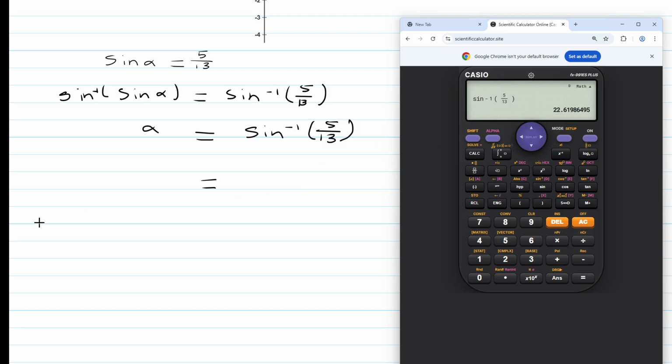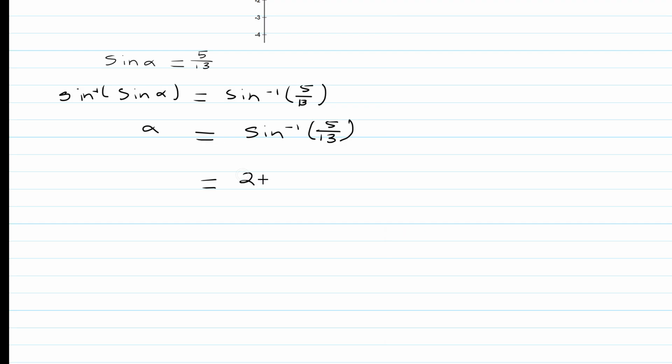So in this case we can say our angle is 22.62 degrees.